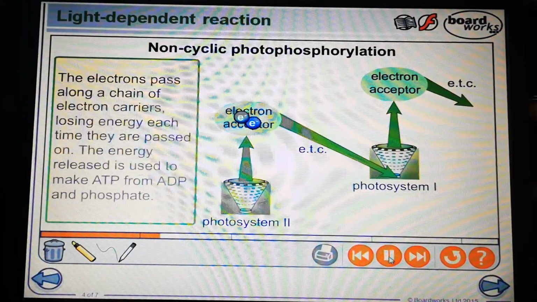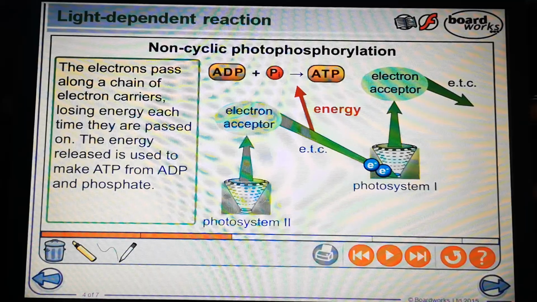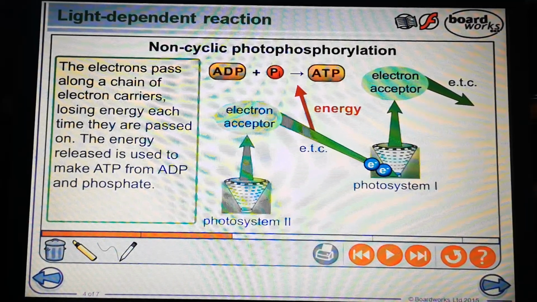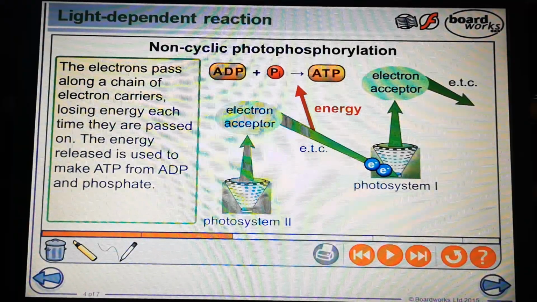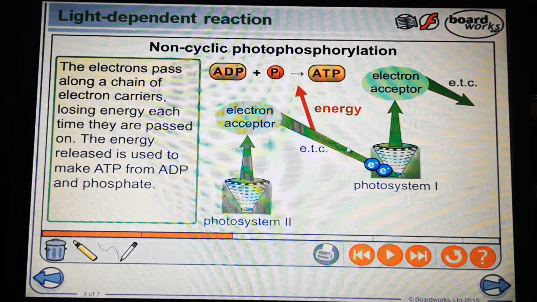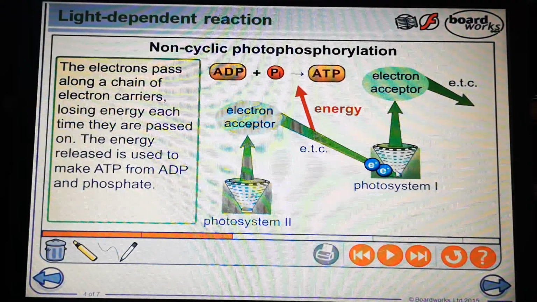So you can see here the pair of electrons are being sent from one molecule to another, and then will be picked up by the chlorophyll in photosystem 1, which you can see where the cursor is just there. So those pair of electrons will be picked up.